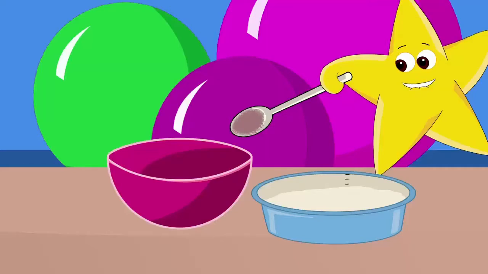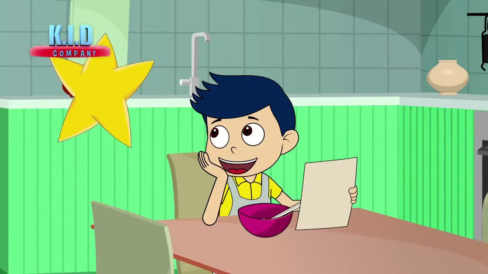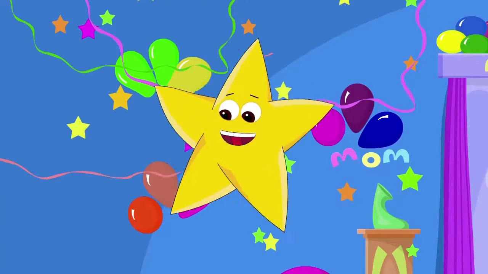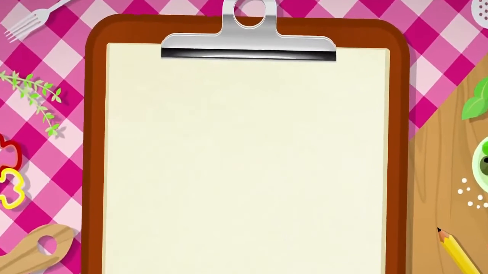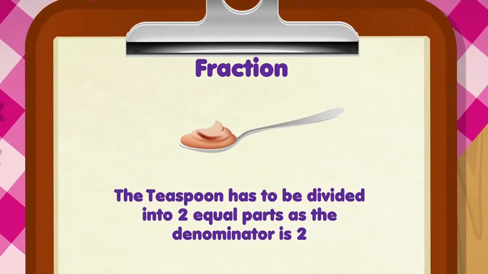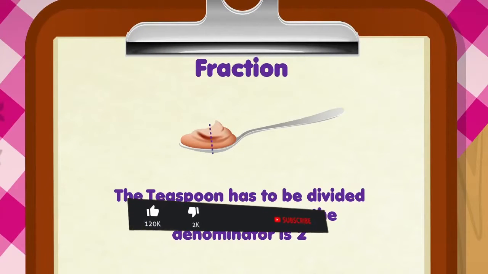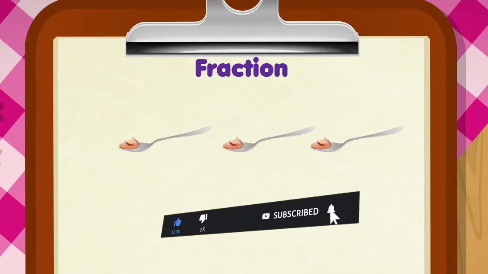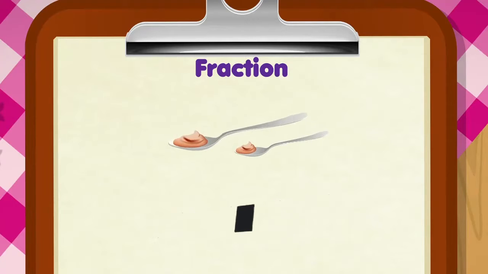3/2 spoons of vanilla essence would mean, you said it is an improper fraction as the numerator is bigger than the denominator. Correct. The teaspoon has to be divided into 2 equal parts as the denominator is 2. And 3 such parts would mean 1 teaspoon full and another half of the teaspoon to be used in the cake.